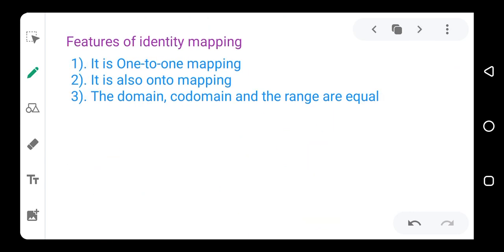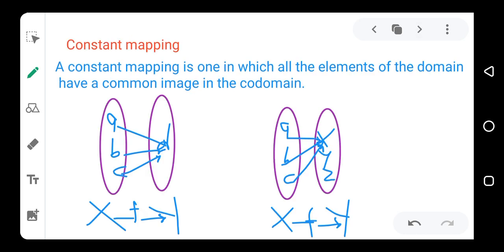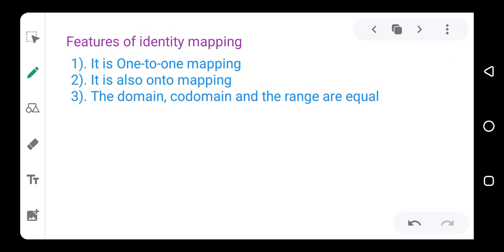Now let's look at constant mapping. But before we look at that one, this number 3, that the domain, the codomain, and the range are equal. Yes, we expect that because if the identity mapping is onto and 1-to-1, it means that no element is left out in the codomain.